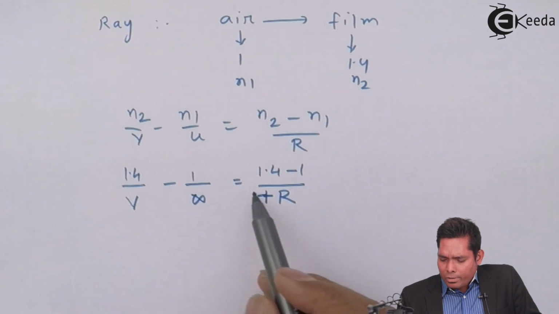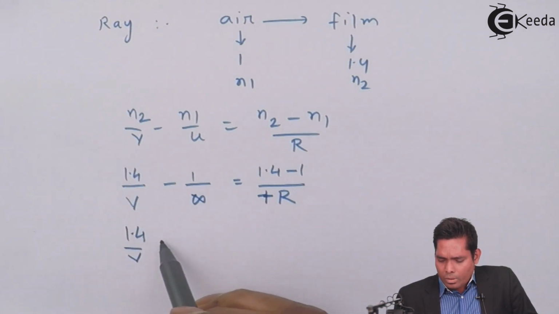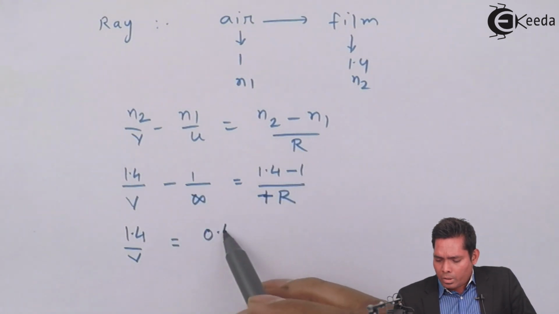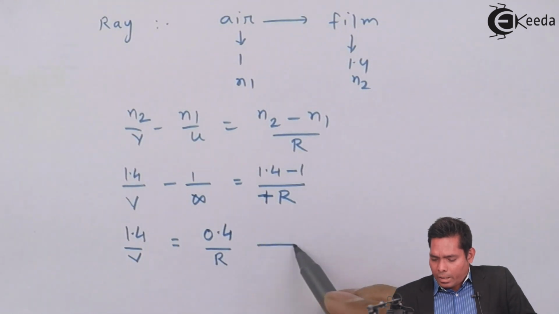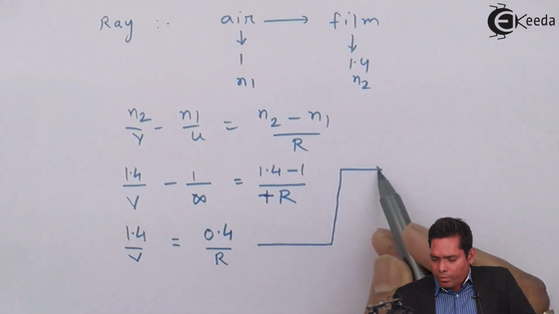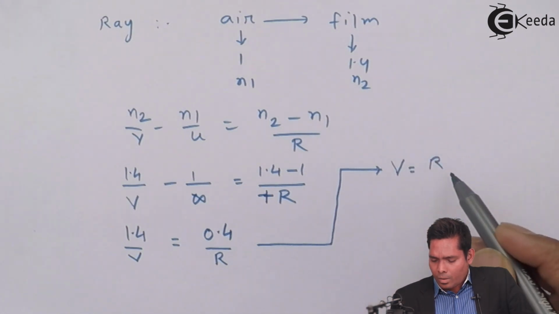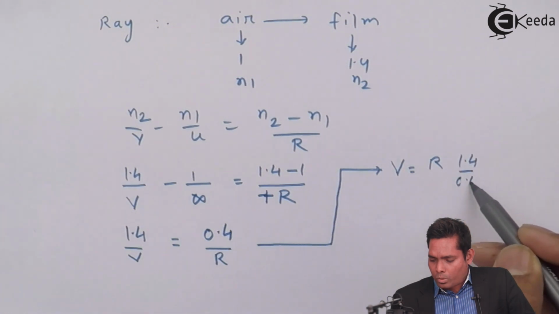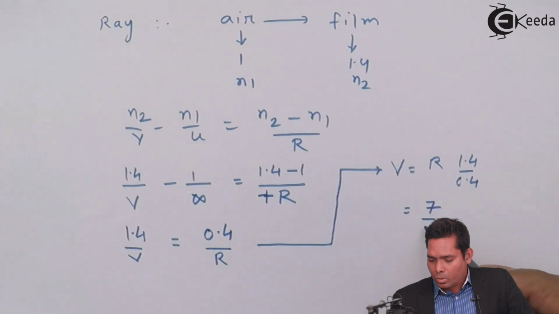So if I solve that, I will have 1.4 divided by v, this term becomes 0, equals 0.4 divided by r. From here, the value of v will be r times 1.4 divided by 0.4, so this is 14 by 4, which is 7 by 2 r.